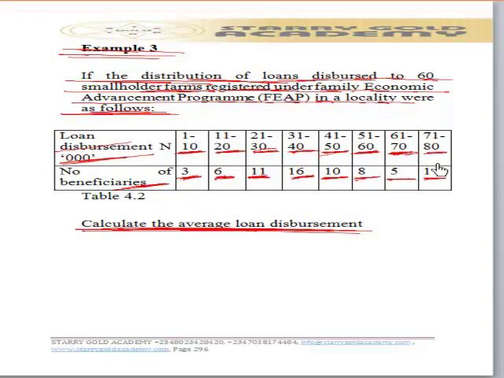Based on this, we are expected to compute the average loan disbursement or arithmetic mean as the case may be. It is very important to put this in an appropriate table so as to have a clear picture of what the problem is. So we can represent this as class interval.